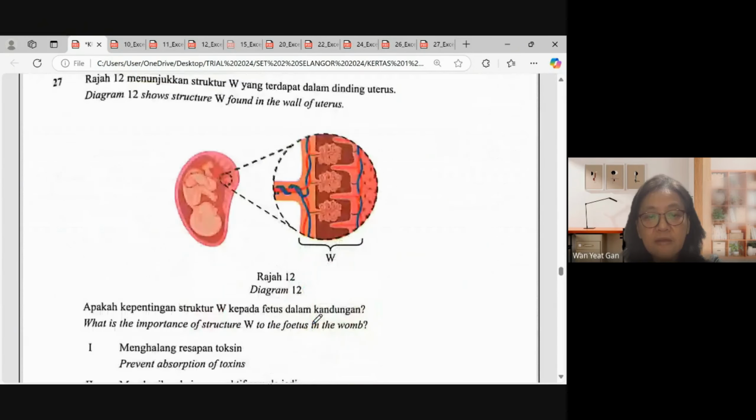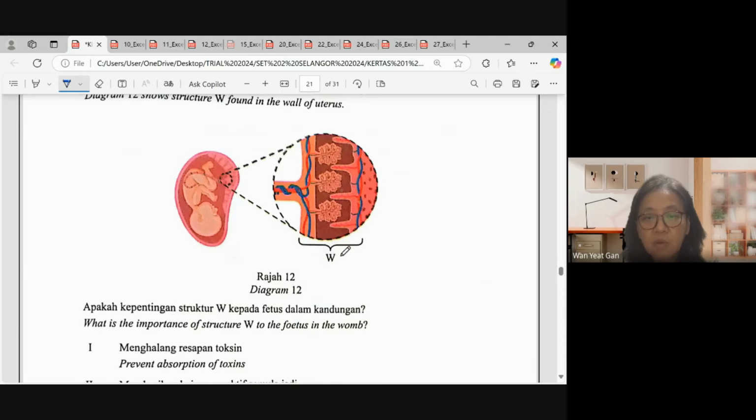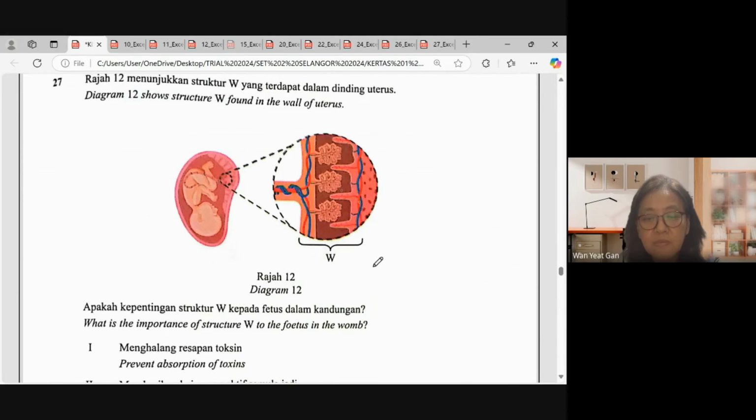Question 27. Diagram 12 shows structure W found in the wall of uterus. What is the importance of structure W to the fetus in the womb?